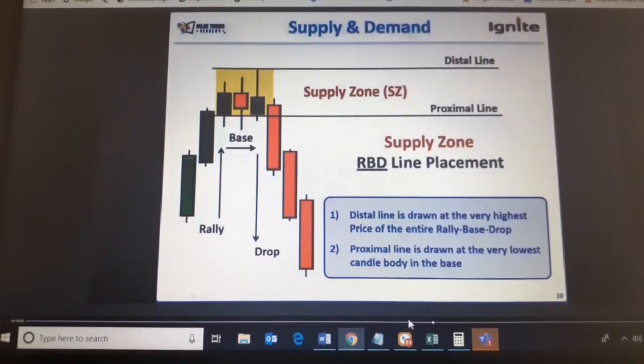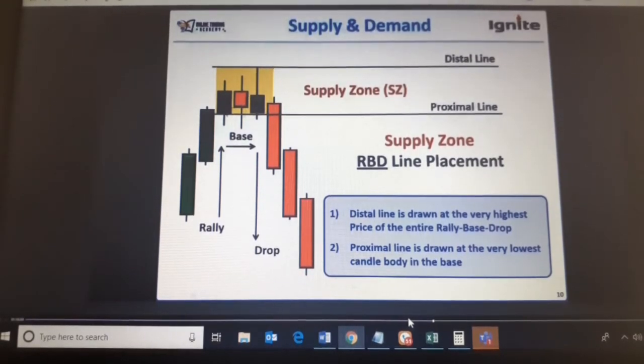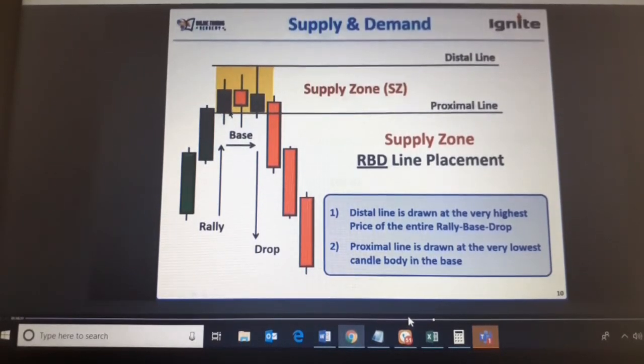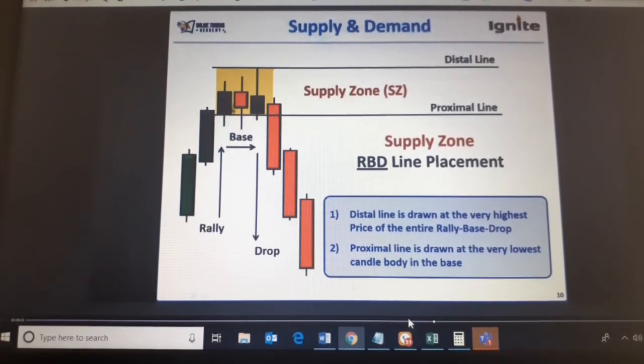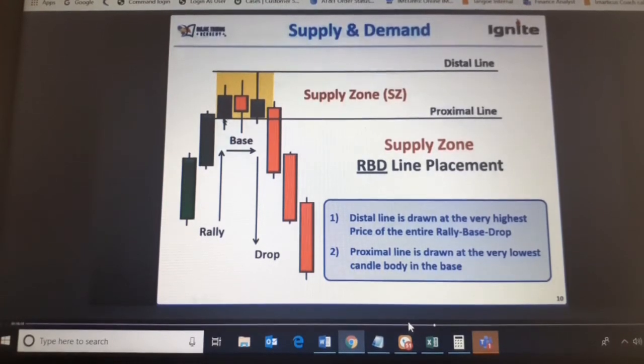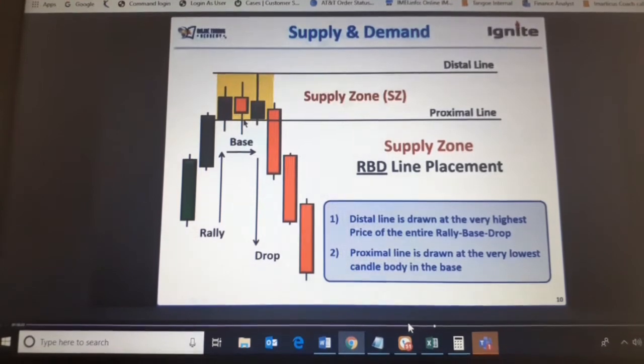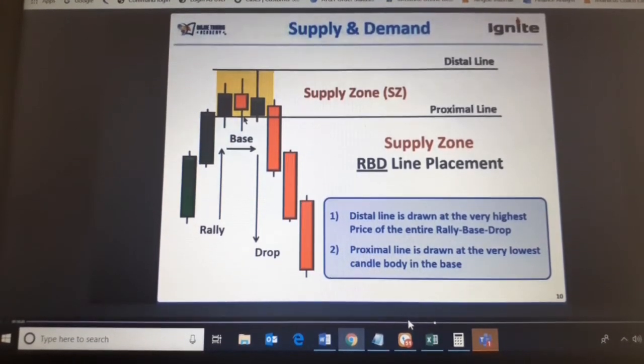So here there were three bases, 1, 2, 3. Now if you see, the body of this base candle is the lowest. That's why the proximal line is drawn at this base. Always remember that your proximal line will always be concerned with your basis.